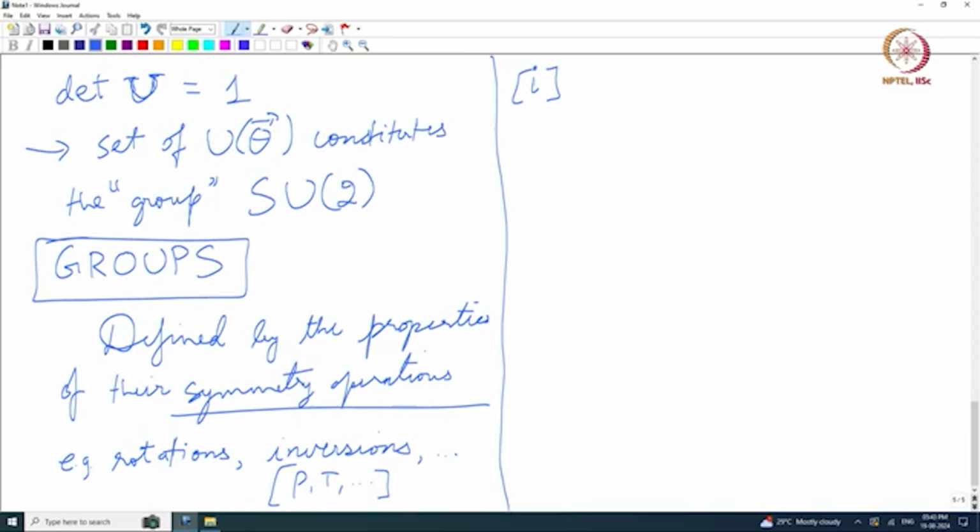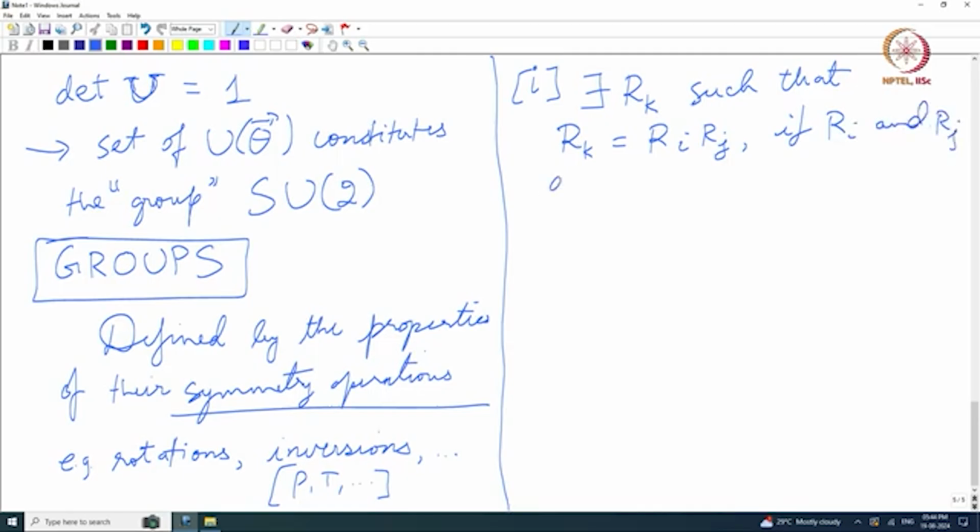Number 1, if there exists, that is the symbol for there exists, right, an element Rk such that you can write Rk as Ri times Rj, of course, if Ri and Rj are in the set.